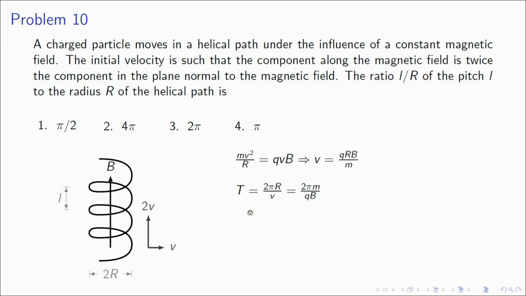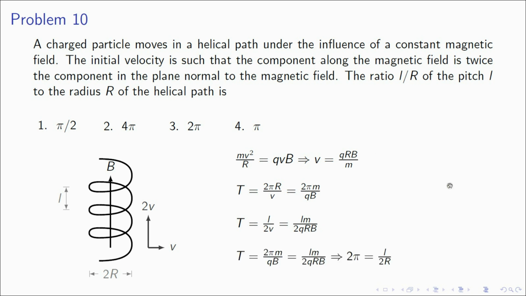So from there you can calculate the time period of one revolution, so it's 2 pi r over v, so you can just put the value of v, you get this. And also in this time t it moves a distance L along the direction of B with a velocity 2v, so you also have t is equal to L over twice v. So you can just put the value of v again here, you get this, and then you can equate these two and find this ratio.